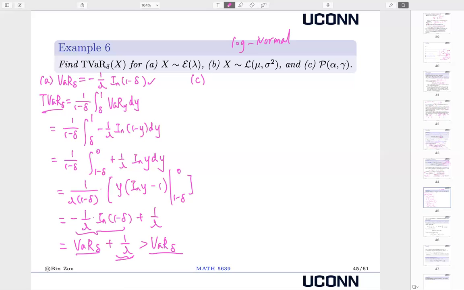Let's do this. This is more complicated. So we also solved for the VaR of Pareto. So this is a standard Pareto distribution. So let's do TVaR.